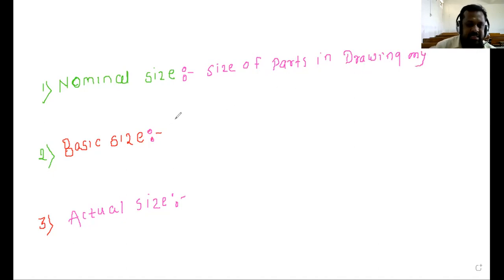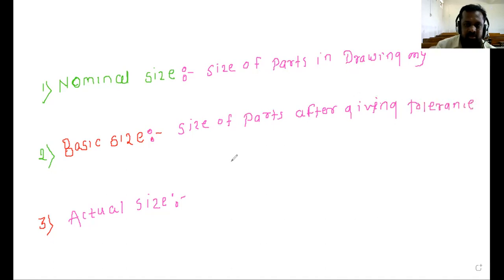The basic size is nothing but the size of part after giving the tolerances. After giving the tolerance, it is called the basic size. And what is meant by the actual size?